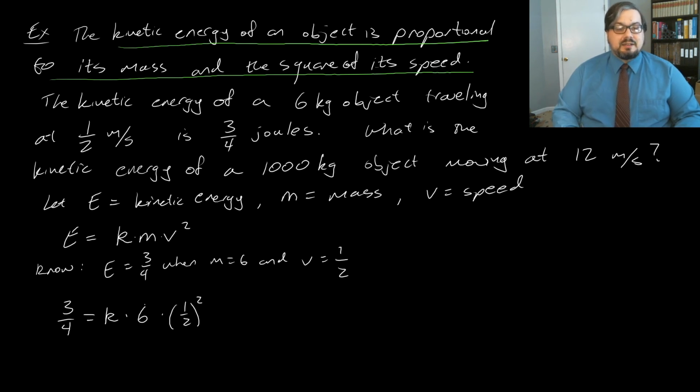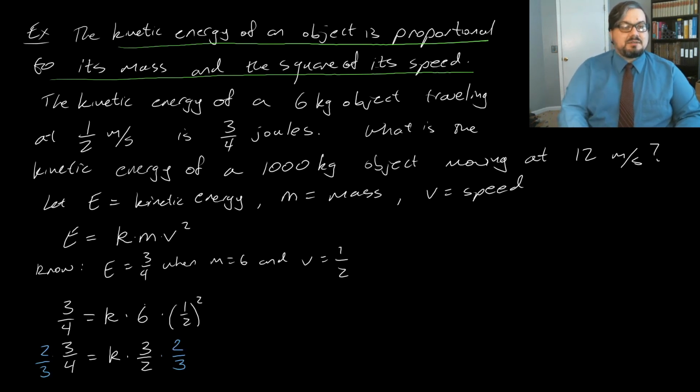So we can simplify this down. We get 3/4 is equal to K times, now 1/2 squared is 1/4. So 6 times 1/4 is 3/2. Now to get K by itself, I'll multiply 2/3 on both sides. I'll multiply 2/3 because that's easier than dividing by 3/2 and it accomplishes the same thing.